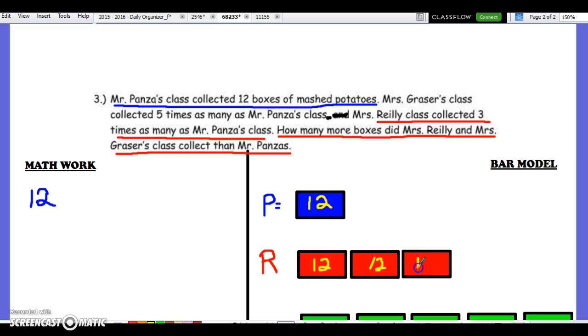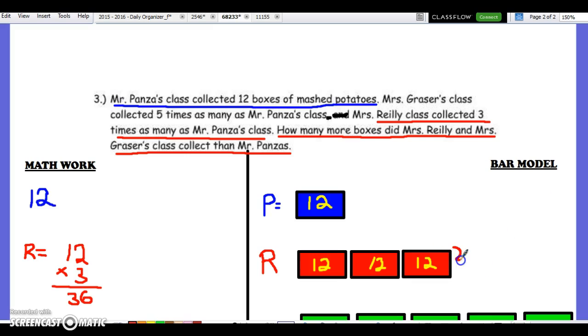The reason I like using the bar model is now I understand that multiplication is nothing but repeated addition. So I have 12 plus 12 plus 12, which I could do in a different way. If I was trying to figure out Mrs. Riley's total, repeated addition is multiplication. In other words, 12 times 3. When I multiply 12 times 3, I get 36.